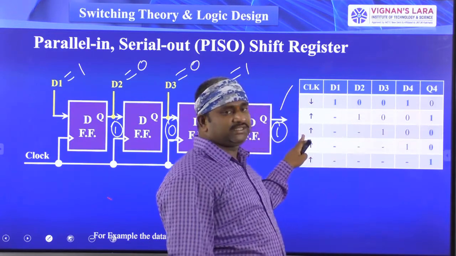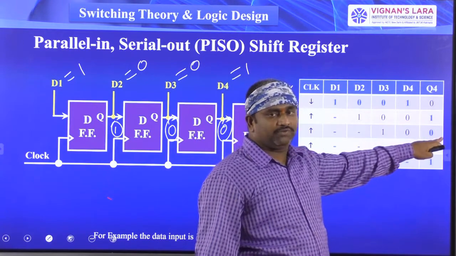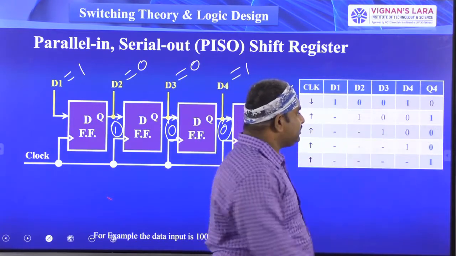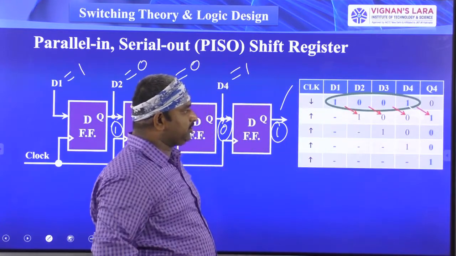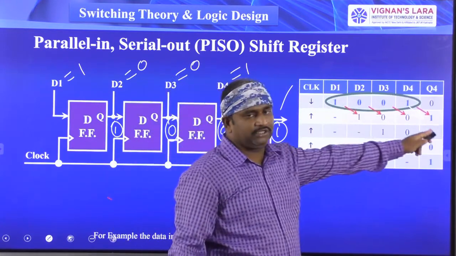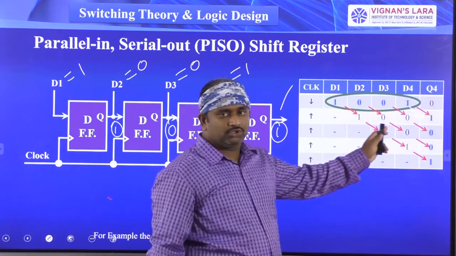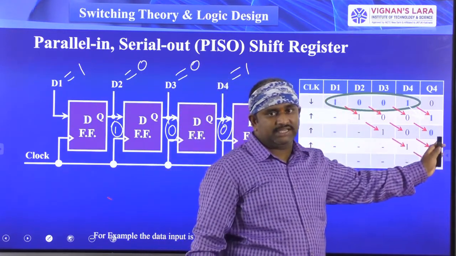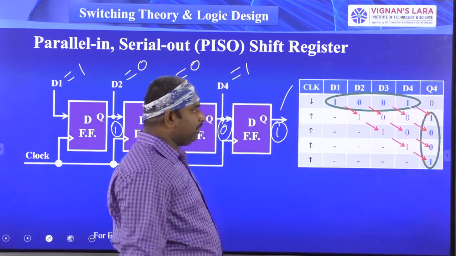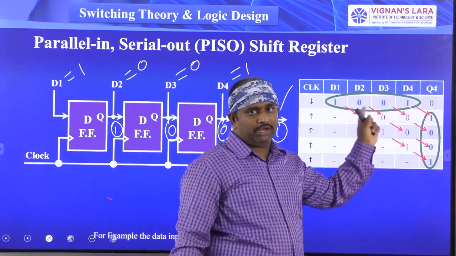At the end of the second clock signal, the output of the Q4 is equal to 0. That is, the data is shifting in this direction. This 1001 is shifting in this way. So the total data is shifting from parallel to serial configuration.